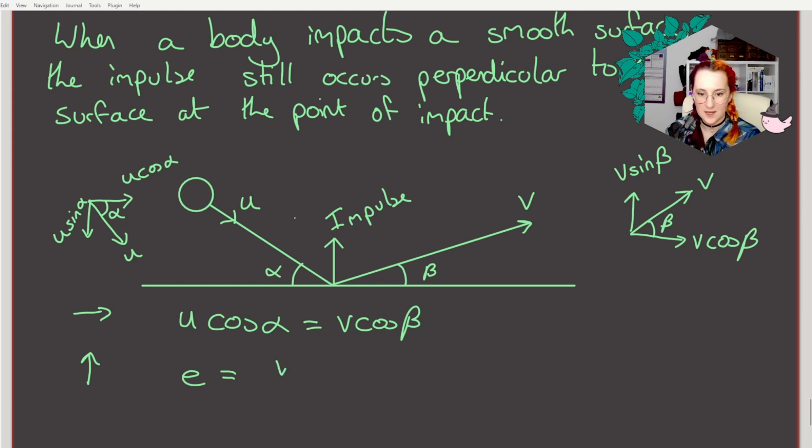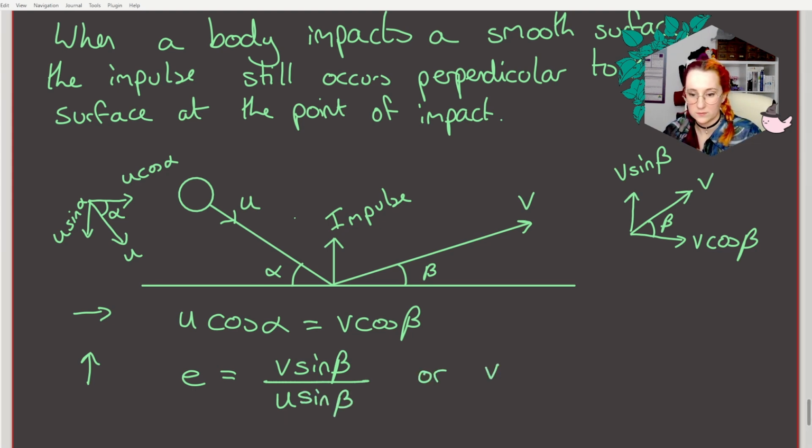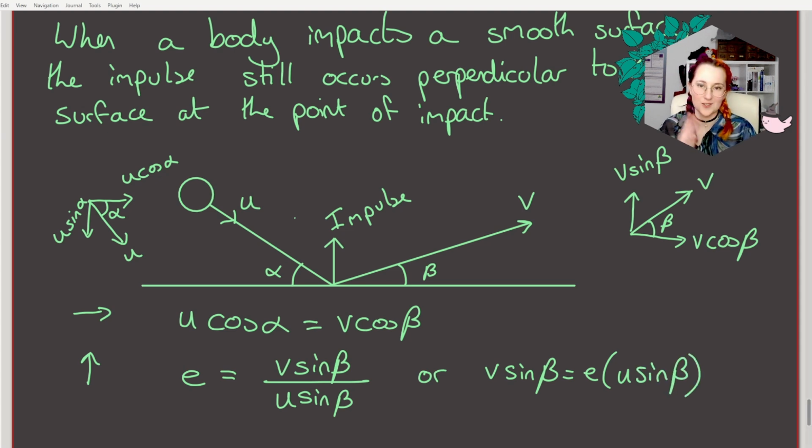So this gives us E is the outward speed over the inward speed, so v sine beta over u sine alpha, or v sine beta equals E u sine alpha. The sines go with sines and the cosines go with cosines in this case. If I get it wrong, shout at me.